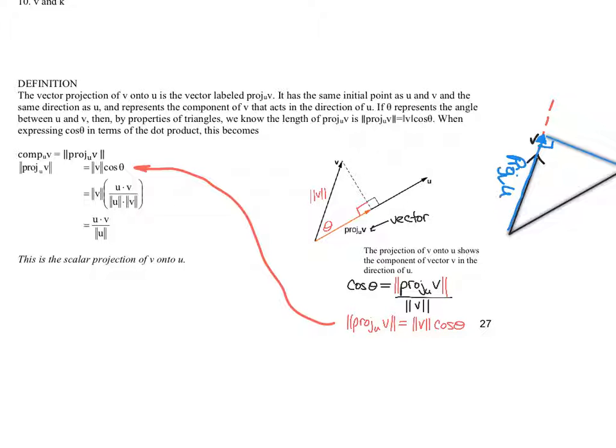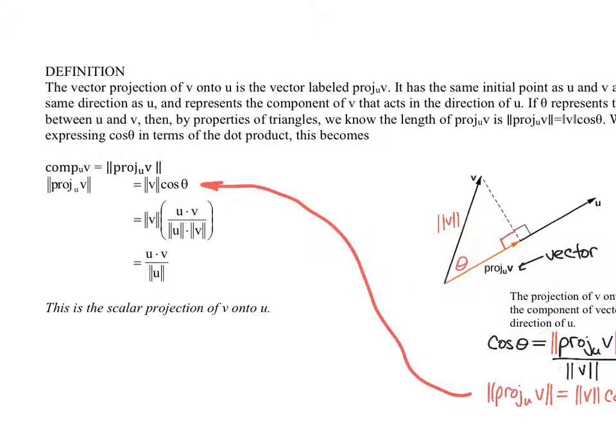The cosine of theta, you're like, oh, where'd that come from? See the previous page where we invented that rule. Cosine of theta is the dot product of U and V divided by the magnitudes multiplied. So if you clean it up, what we get is that the projection of U upon V, I'm sorry, V upon U, is going to be the dot product of U and V divided by the magnitude of U. So it's really as simple as that.